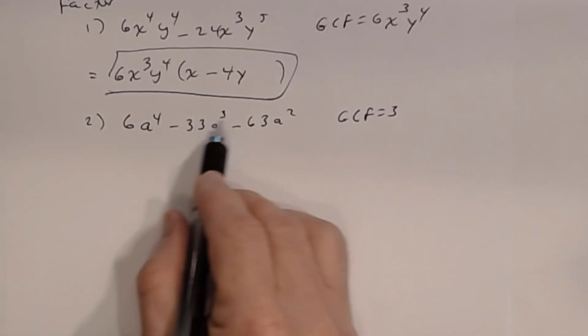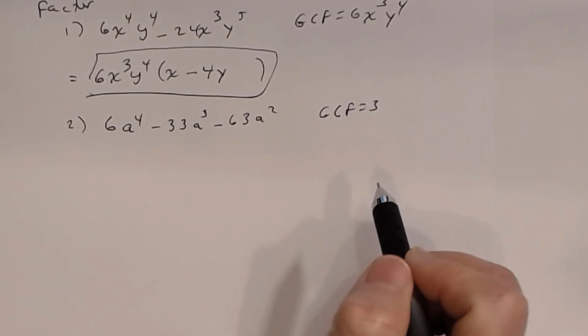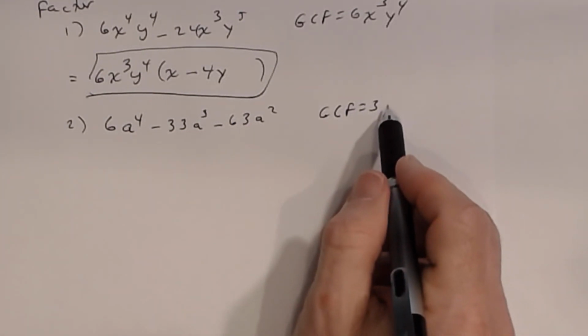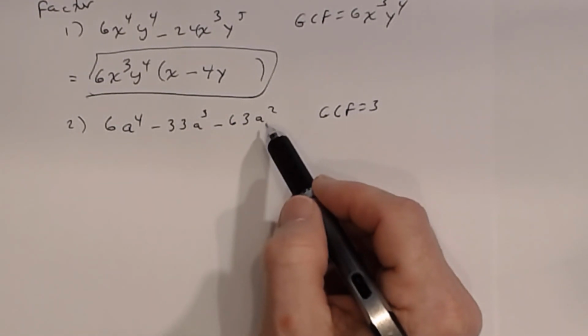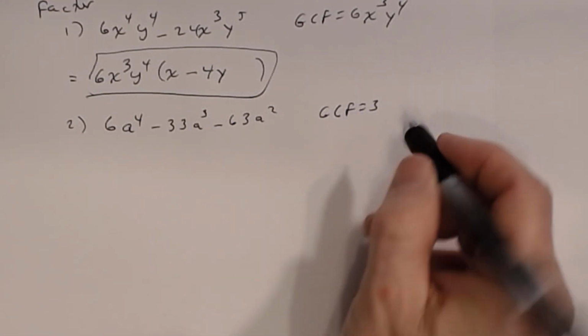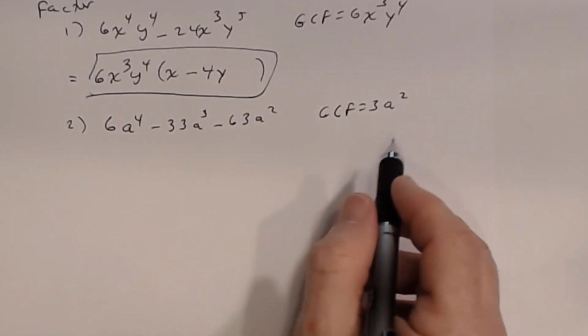I have a's in all terms. So that means I'm going to have an a in my GCF. And the question is, how many factors am I going to need? I have a to the fourth, a to the third, a squared. So remember, you always use the one with the smallest exponent.